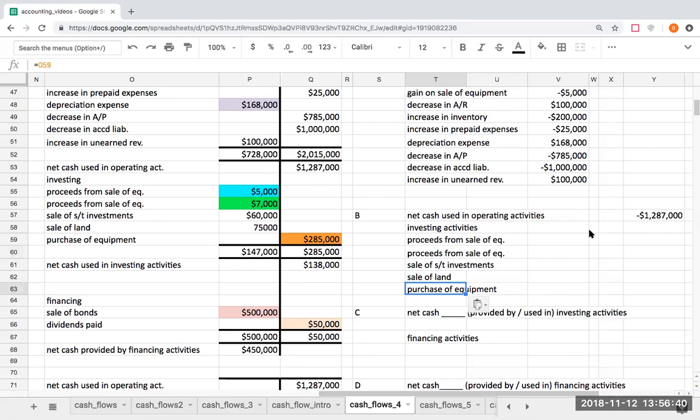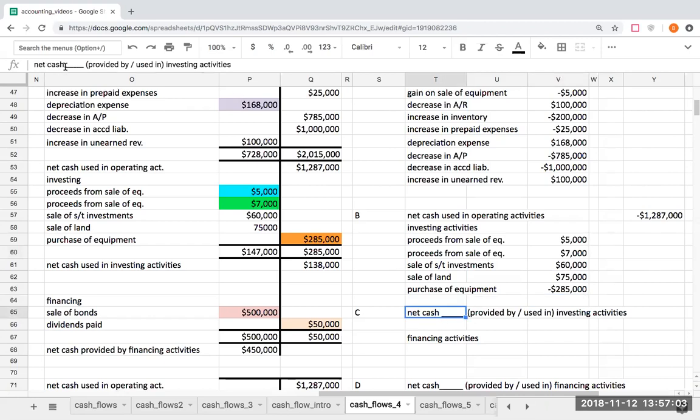Okay. So right over here, I have proceeds from the sale of equipment. It's a debit, so it's going to show as a positive amount. Sale of short-term investments, sale of land. And then over here, I have a purchase of equipment, or it's going to be a credit of $285,000.